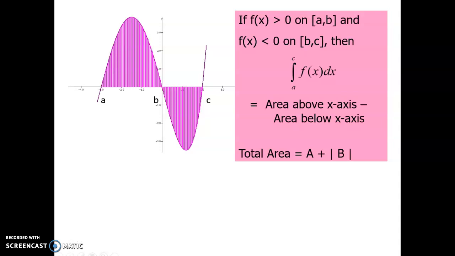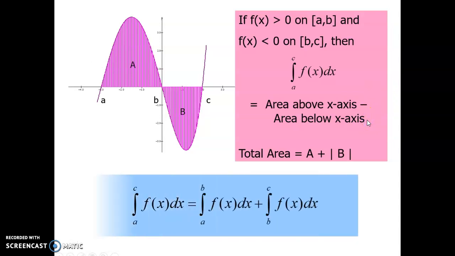Now, what do we notice here? We notice that the integral from a to c, which is from this point here to this point here, is equal to the integral from a to b added to the integral from b to c.